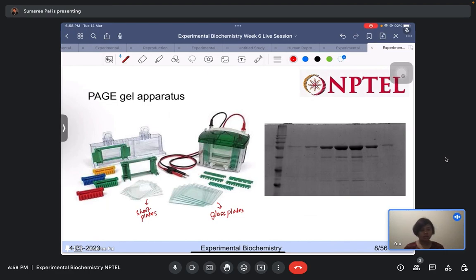And these glass plates are stacked, placed between this clamp, and this clamp is placed in this gel cassette, and these are the combs which are used to create the wells, and this is the gel running tank.